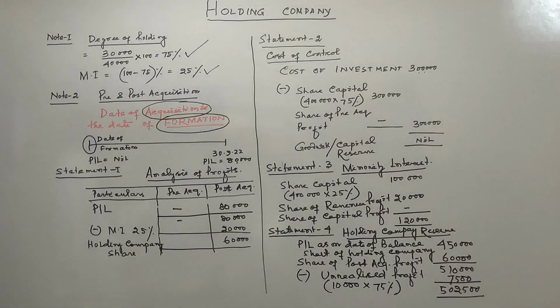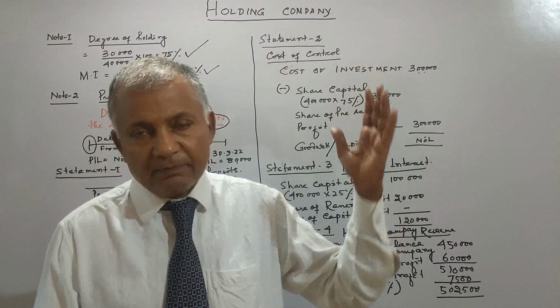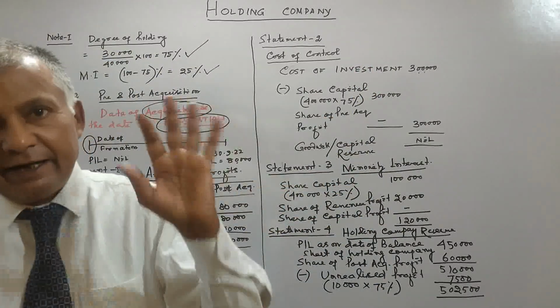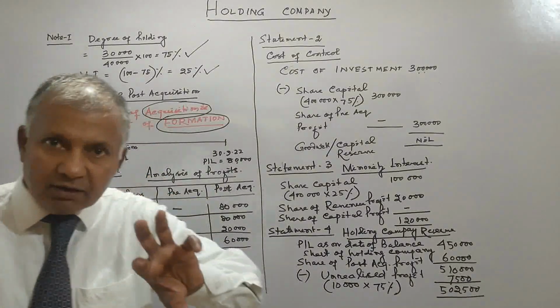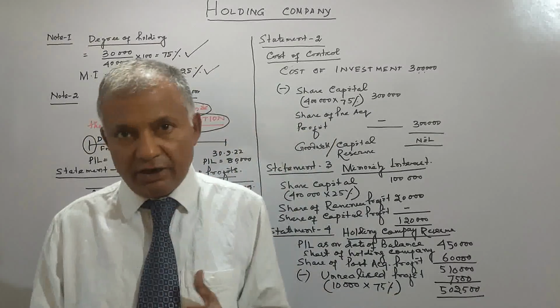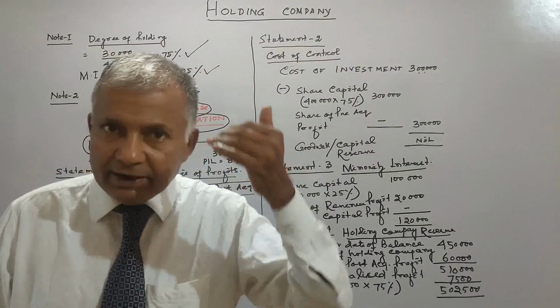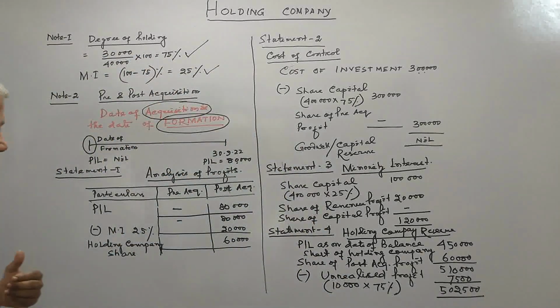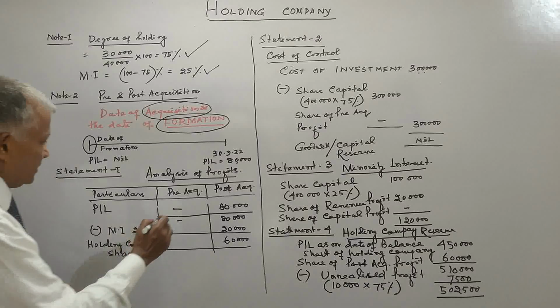This is a typical case which is different from the other problems we have already done in the last 10 classes. So date of formation, when the company is formed, started, incorporated, naturally there is no profit. So we will take the pre-acquisition profit as nil.